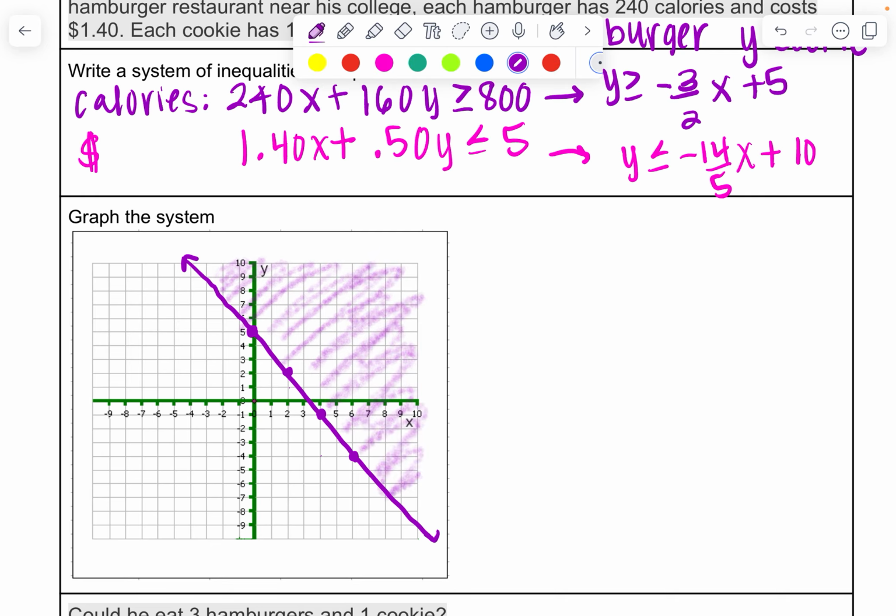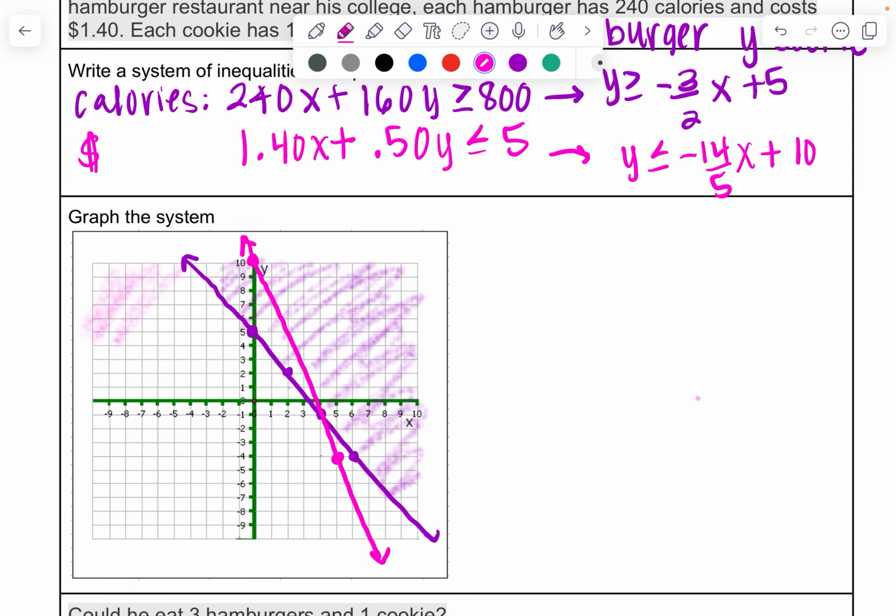And then for the money, we have a y-intercept of 10 and a slope of negative 14/5. So I have to go down 14 over 5. I think we'll only be able to do that once. There's not enough room to make another point. And then that one is less than or equal to.